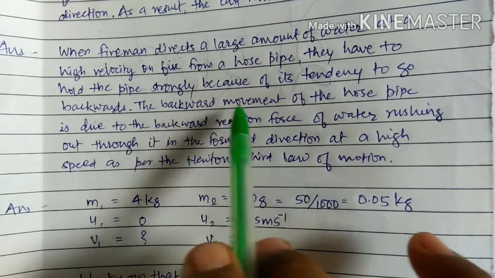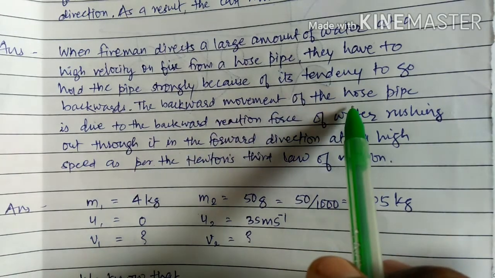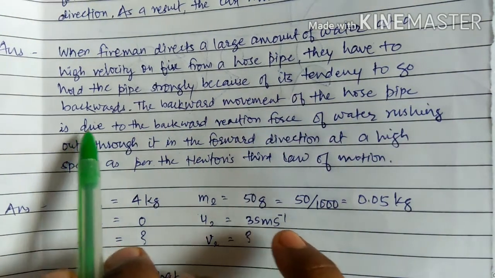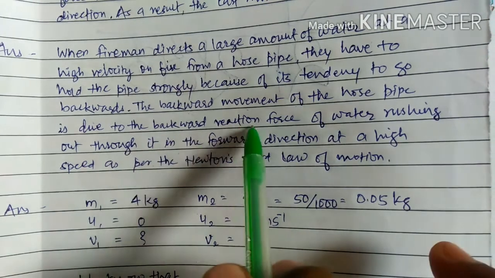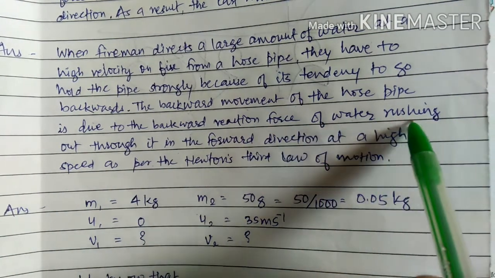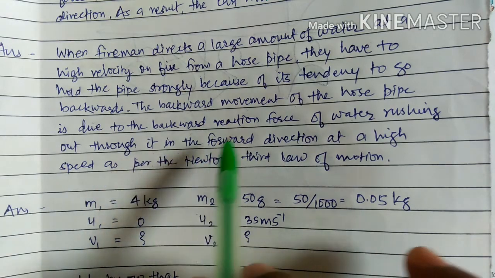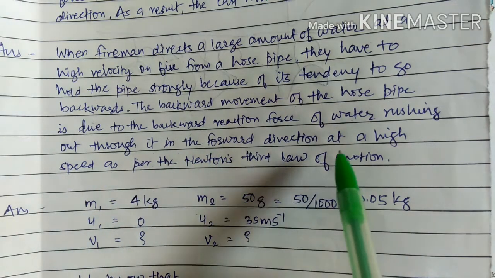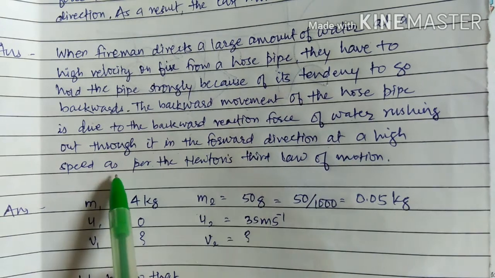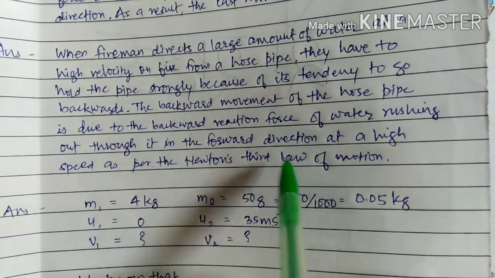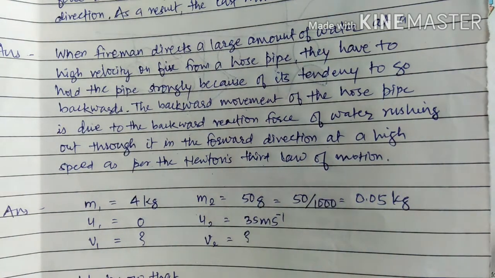The backward movement of the hose pipe is due to the backward reaction force of water rushing out through it in the forward direction at a high speed, as per Newton's third law of motion.